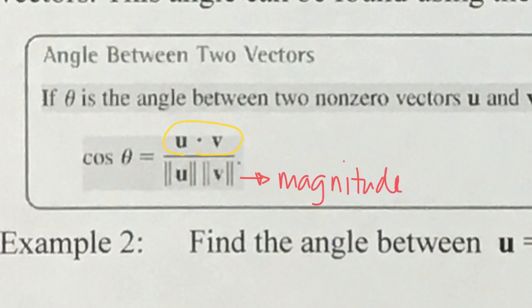So this is a product of the magnitude of each individual vector. So there's 3 calculations that we have to do. We have to do the dot product of your two vectors. We have to find the magnitude of the u and the magnitude of the v. So we're going to perform 3 operations before we get to find out what our angle is.